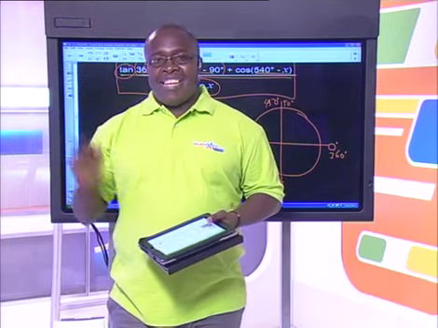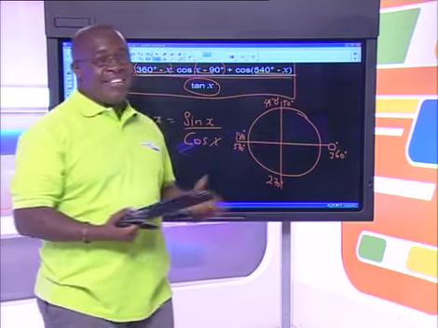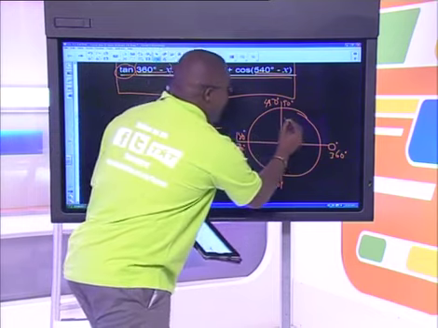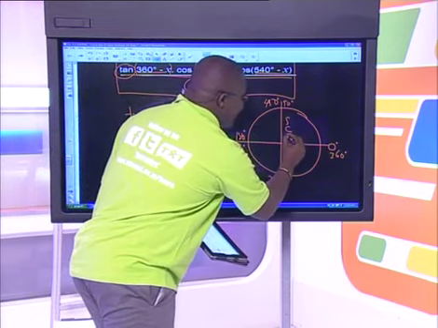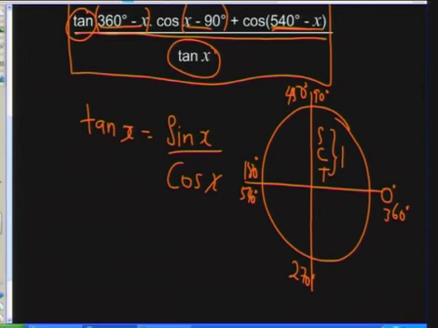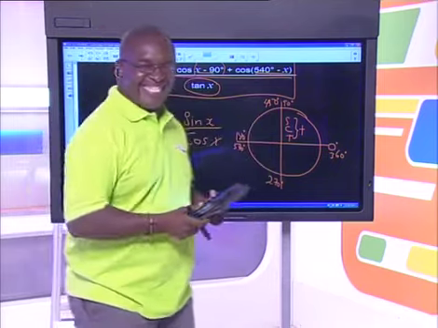Then, the second thing you have to know about the quadrants is that sine, cos, and tan are all positive in the first quadrant. That is, between 0 and 90 degrees, sine, cos, and tan are positive. Then, in the second quadrant, do you still remember, Abraham, from your high school?